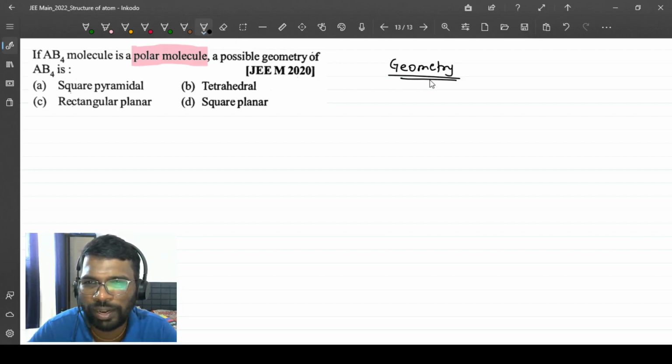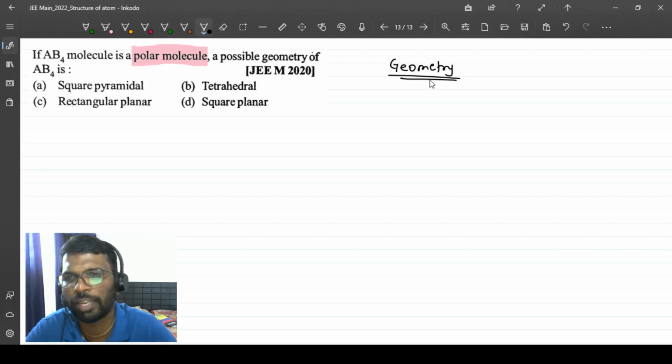What will be the orientation, the arrangement of the bond pairs? That is what is asked over here. They did not give any information about the number of lone pairs on A. We don't have this information.